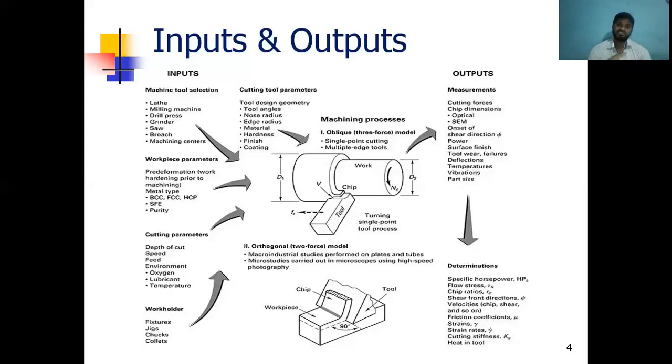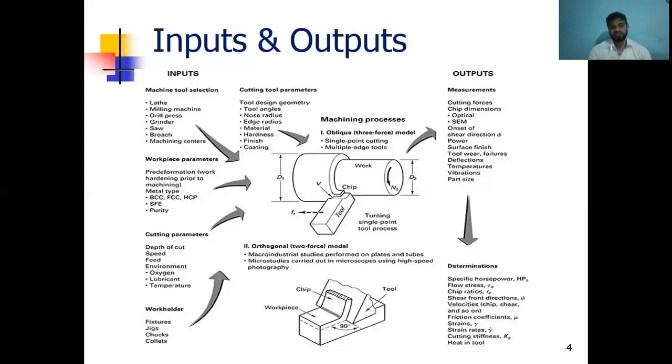One set of shear direction, power, surface finish, tool wear, failures, deflections like temperatures, vibrations, and part size. So these are the outputs, after the process.